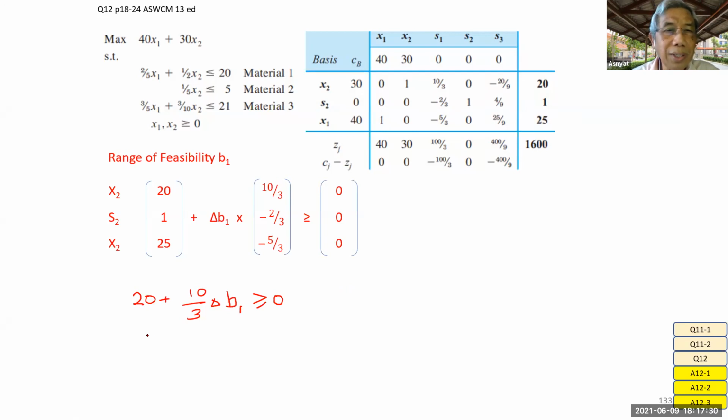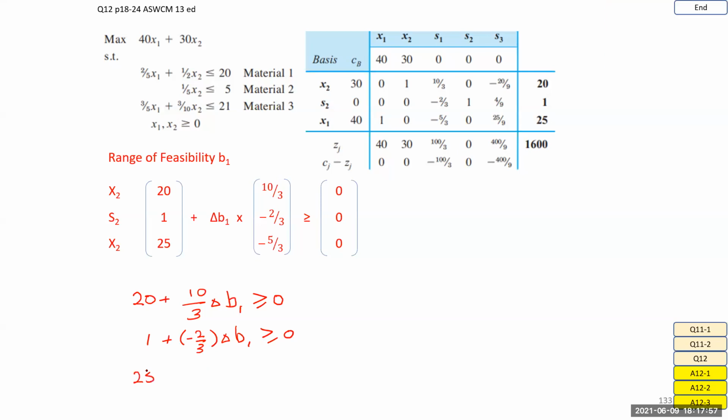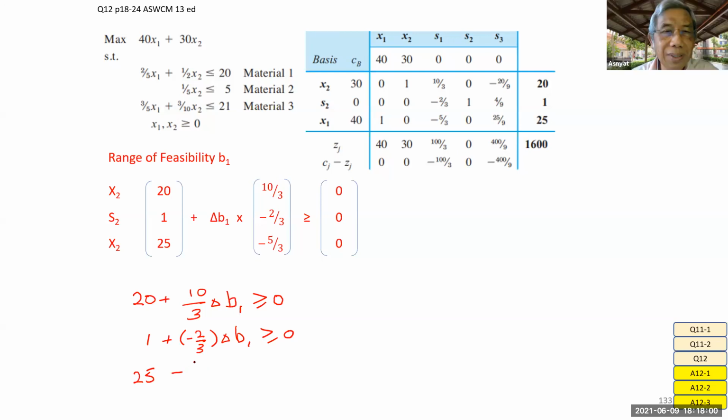Then the second equation: 1 plus -2/3 delta B1, and this must also be greater than or equal to 0. Then the third one, can you suggest? 25 minus 5/3 delta B1 must be greater than or equal to 0.